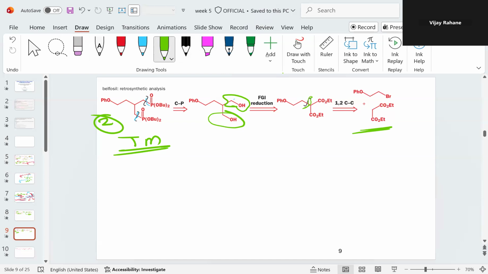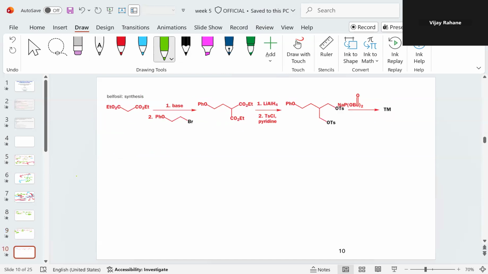If you look at the linear synthesis also, it is similar. This is the diethyl malonate in presence of base and this alkyl bromide. So it gives this. The first step was just alkylation, as I mentioned earlier as well. These hydrogens are acidic in nature, and in presence of the base this proton gets abstracted, so it forms the negative charge here.